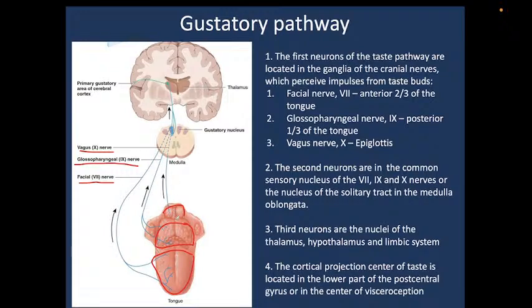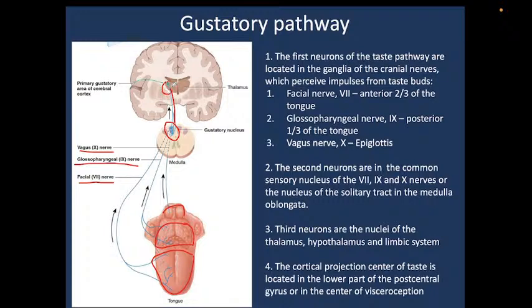On the anterior mucosa of the epiglottis, taste receptors are also located. So all of this information comes into the gustatory nuclei, in other words, the nucleus of the solitary tract, and then it goes through the thalamus.